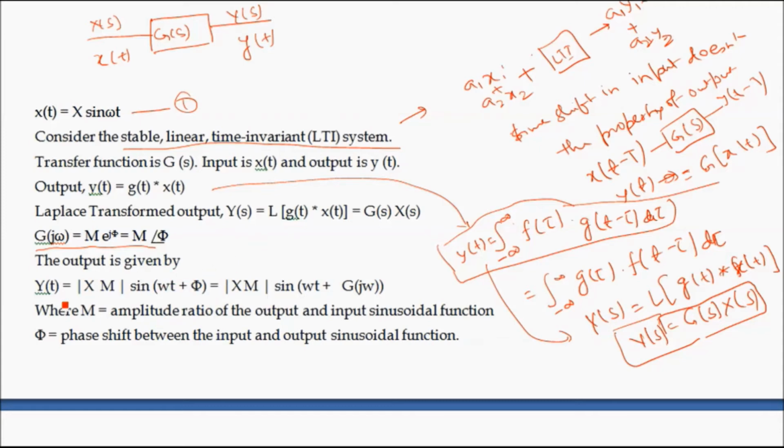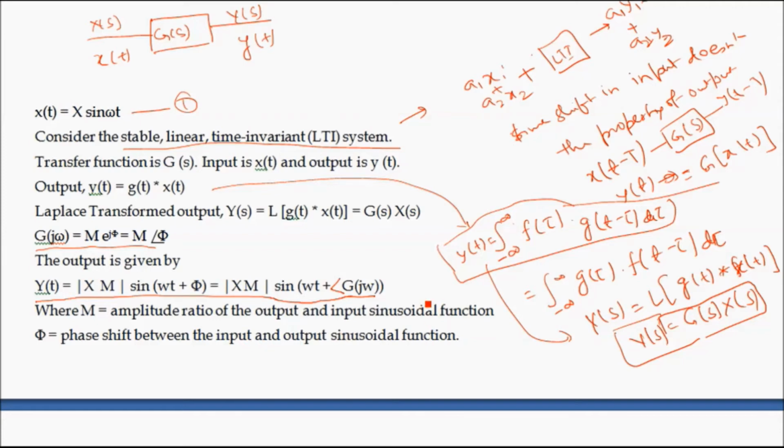So in this way we may write y(t) is equal to X M sine(omega t plus angle of G(j omega)), because phi is the angle of G(j omega). M is the amplitude ratio of output and sinusoidal input function, and phi is the phase shift between input and output sinusoidal function.